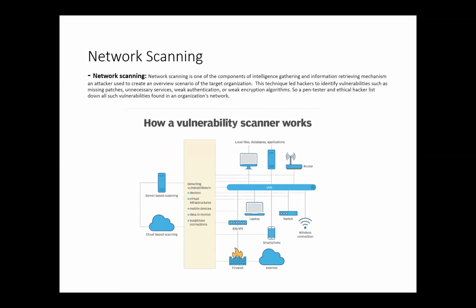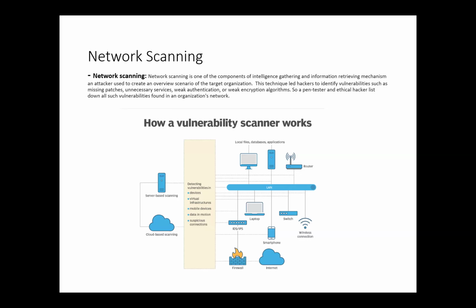Network scanning. Let me ask one query of you all. Can anybody tell me, scanning is in which phase of information gathering? Second phase, yes, correct. In network scanning, we try to get more detail and gather information about the vulnerabilities or potential vulnerabilities present in the server.